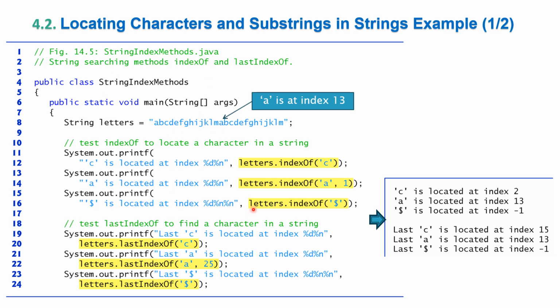This program shows several examples of using string methods indexOf and lastIndexOf. In the first part of this program, it declares a string variable named letters and initializes it to the string literal, which is the concatenation of two identical sequences of 13 lowercase letters from lowercase a to lowercase m.